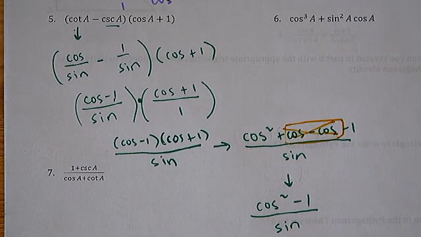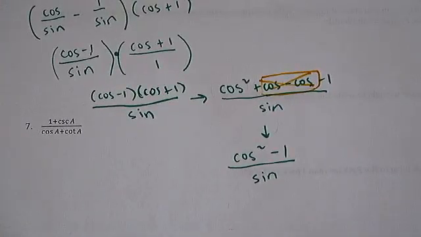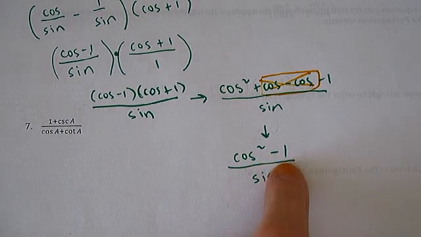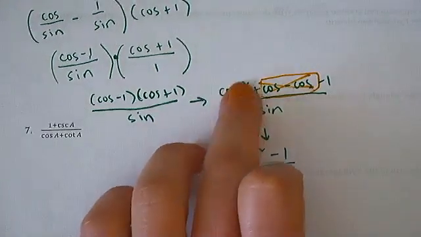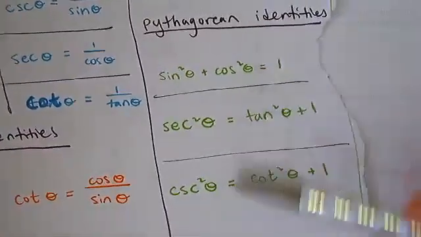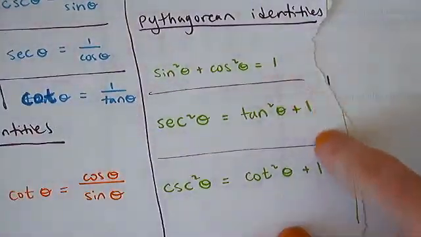All right, next up. We can manipulate our Pythagorean identities using algebra. So do you guys see how there's a cosine squared and a 1? Whenever you see a trig squared and a 1 or two trig squareds, it's going to be a Pythagorean identity. Because do you see how these are all 1s?